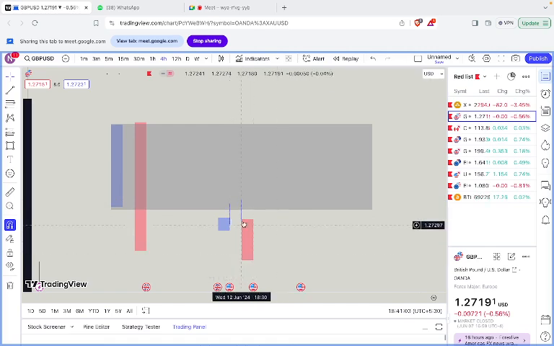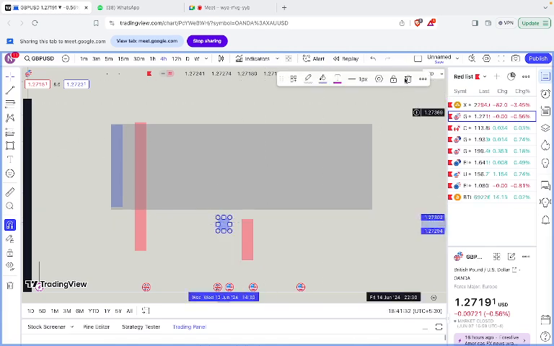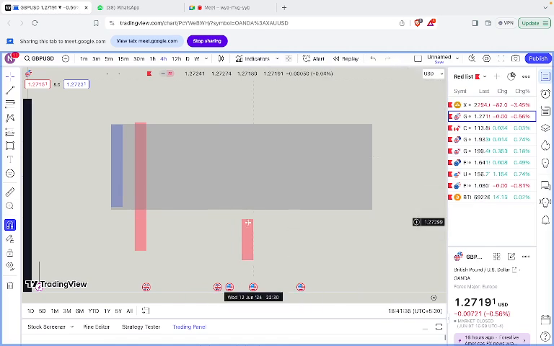Now is this valid? No, sir. The wicks are touching the zone, but the bodies are not touching the zone. The bodies of both the candles should touch the zone. Can you draw the body of the red candle in the zone?